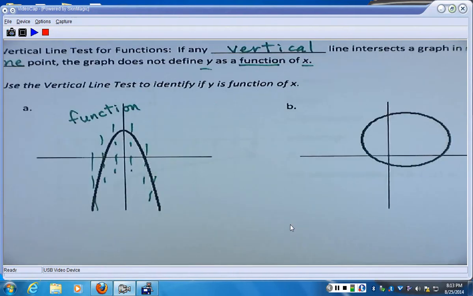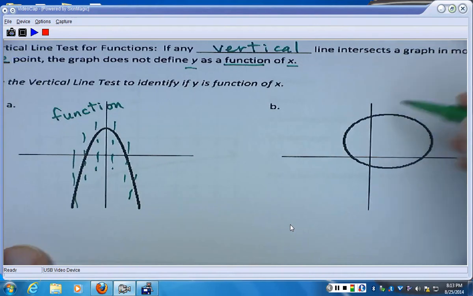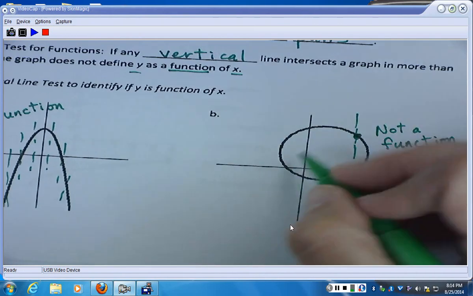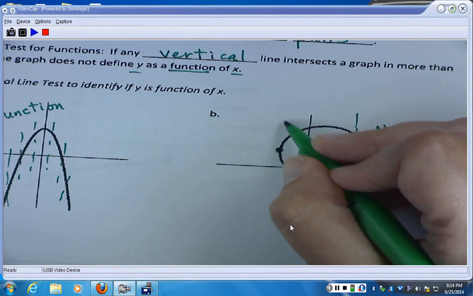But on B, what happens? If I can draw a vertical line anywhere and go through 2 points, it's not a function. It doesn't matter that I can draw a line right here and only go through 1 point.